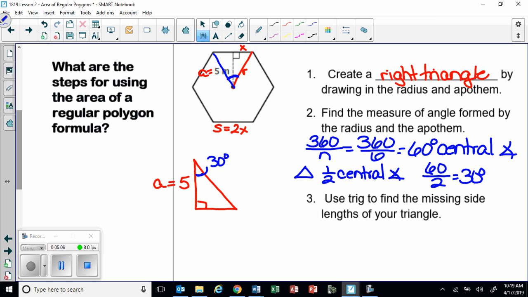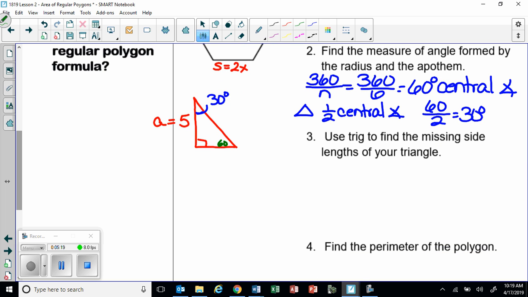30 degrees. Okay, now you know that's got me excited because that means I've got a 30, 60, 90, right? And I'm going to get to do some special right triangle relationships for this particular example. If I didn't have a 30, 60, 90 or a 45, 45, 90, I would be using trig to solve for my missing side lengths. Sine, cosine, and tangent. So, SOH CAH TOA.